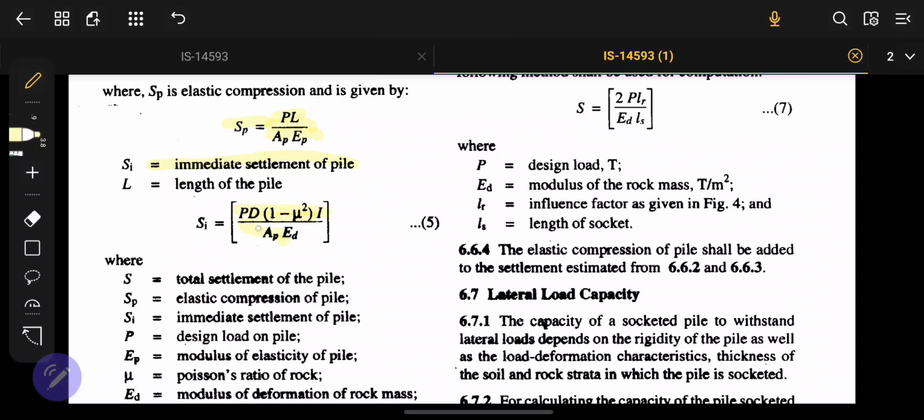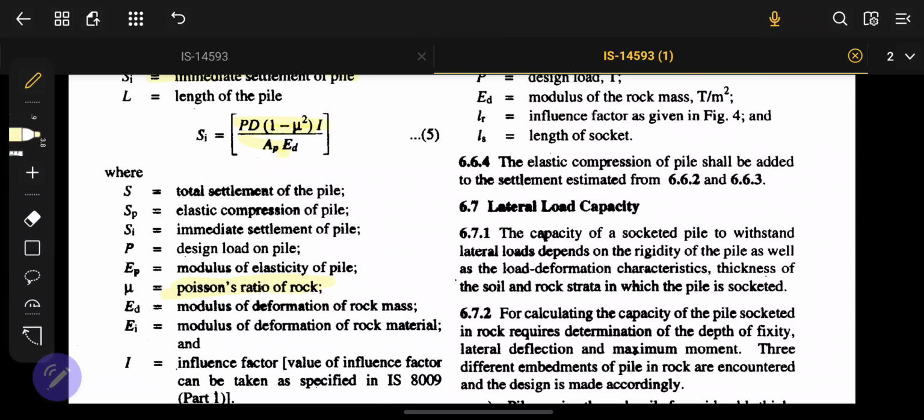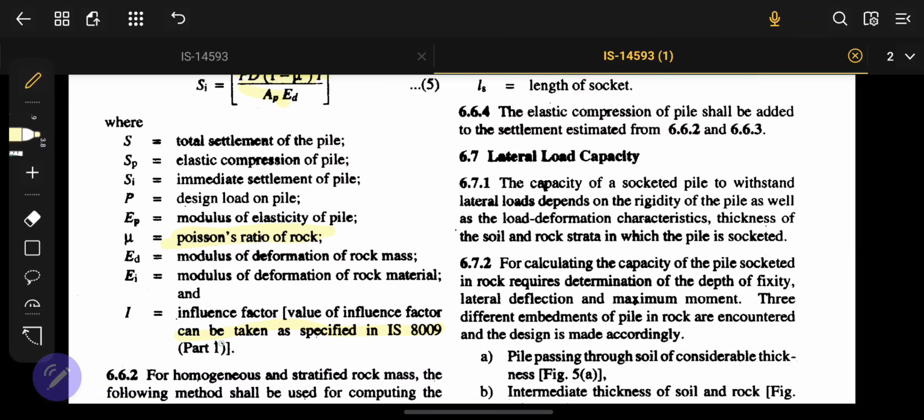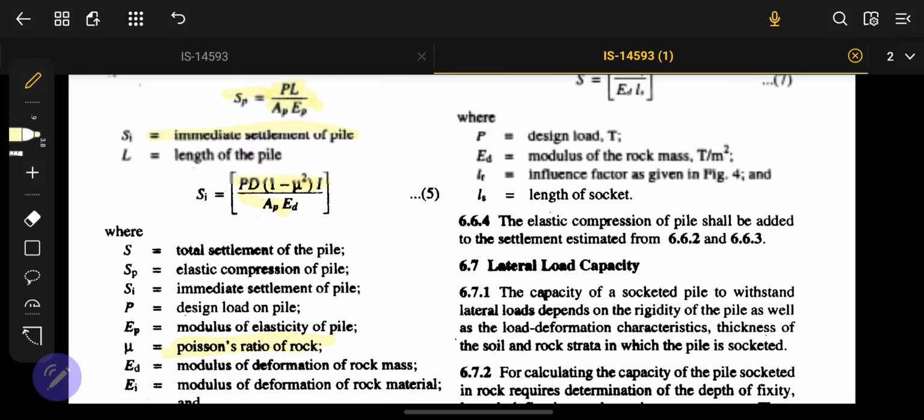P is the load on the pile, D is the diameter, mu is the Poisson's ratio of the rock, not the concrete, right? I is the influence factor. The value of the influence factor can be taken as specified in IS 8009 part 1. EP is the base area of the pile, and ED is the modulus of deformation of the rock mass.